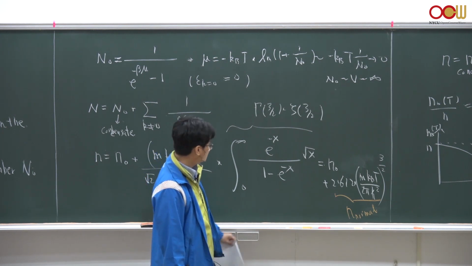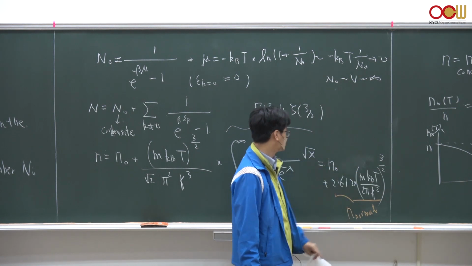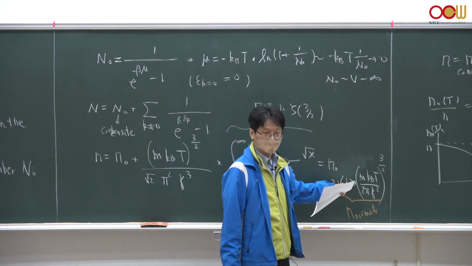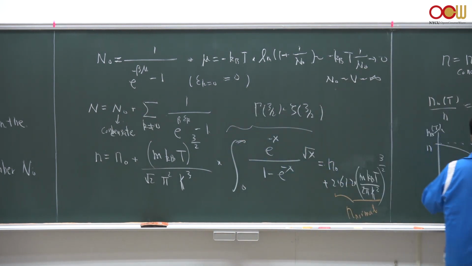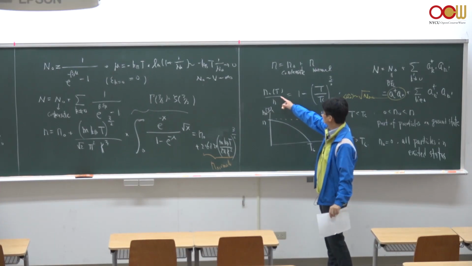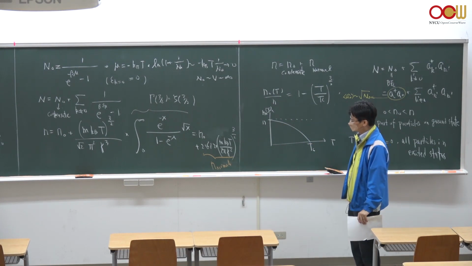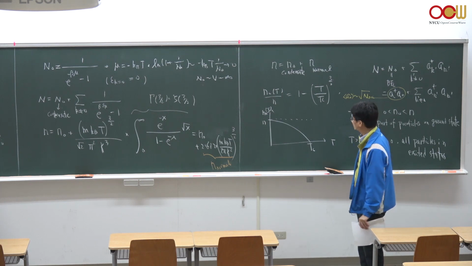Okay, so the temperature is actually to the power of 3/2, and we will actually use that relation. You could simply re-express this relation of the total number density in terms of the condensate part plus the non-condensate part.